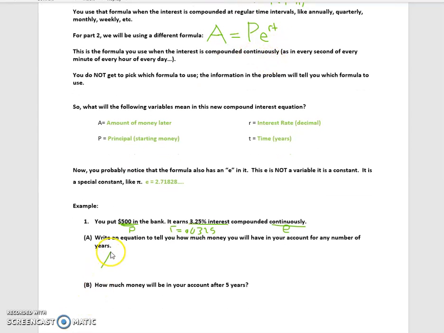So A equals P is 500, times e, that's our number, 2.718, to the power of r, 0.0325, times t, because it says for any number of years. So we don't know what t is for any t.